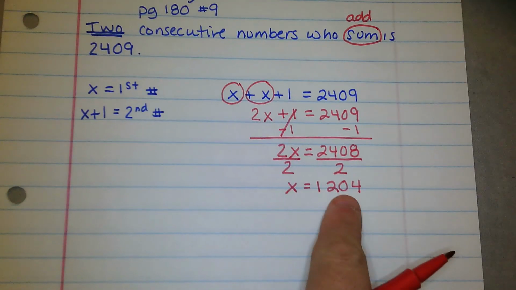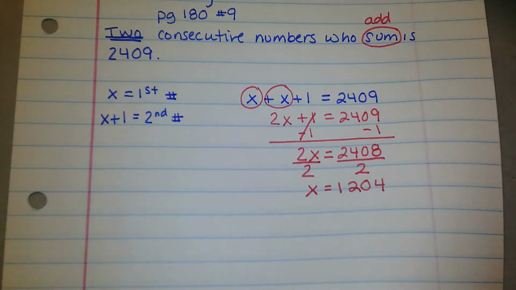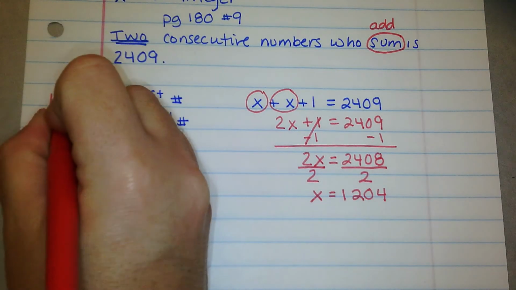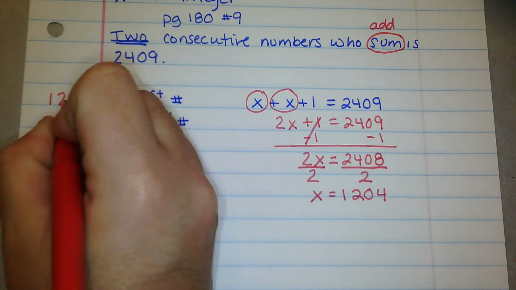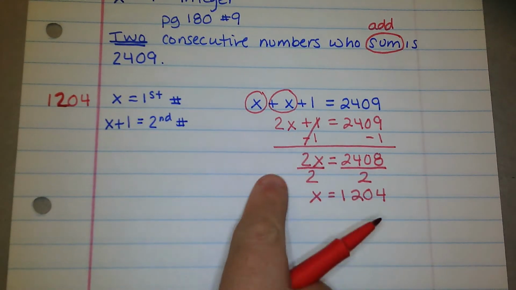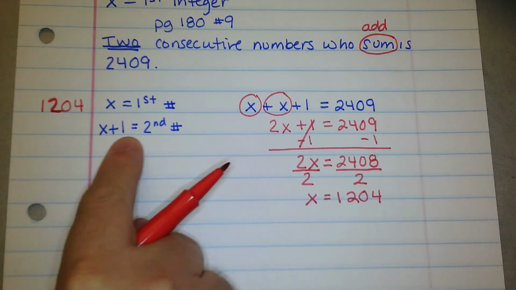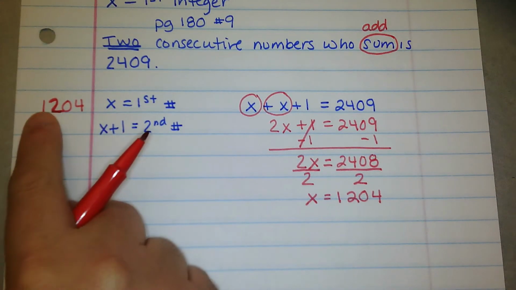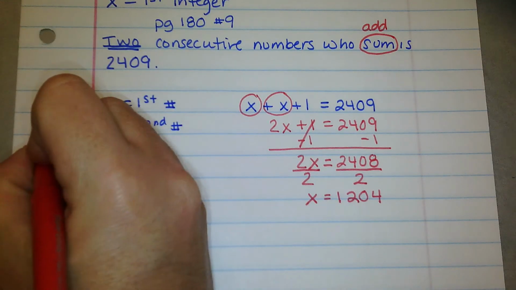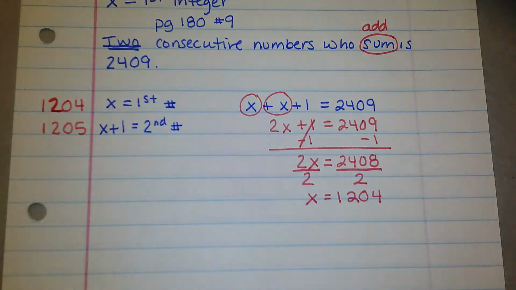So this means that my first number is 1204. That's the first door number in the hallway. The second number, or the second door, is going to be 1 right after that. So 1,204. The next one is going to be 1,205.